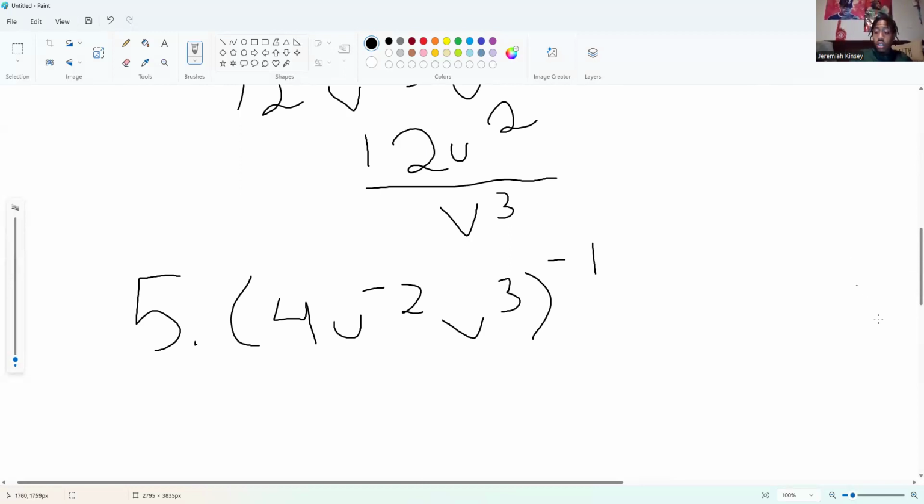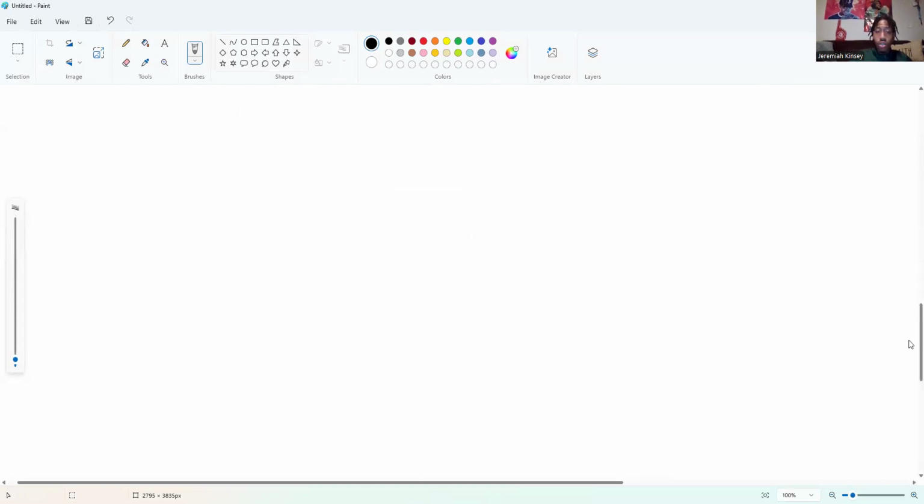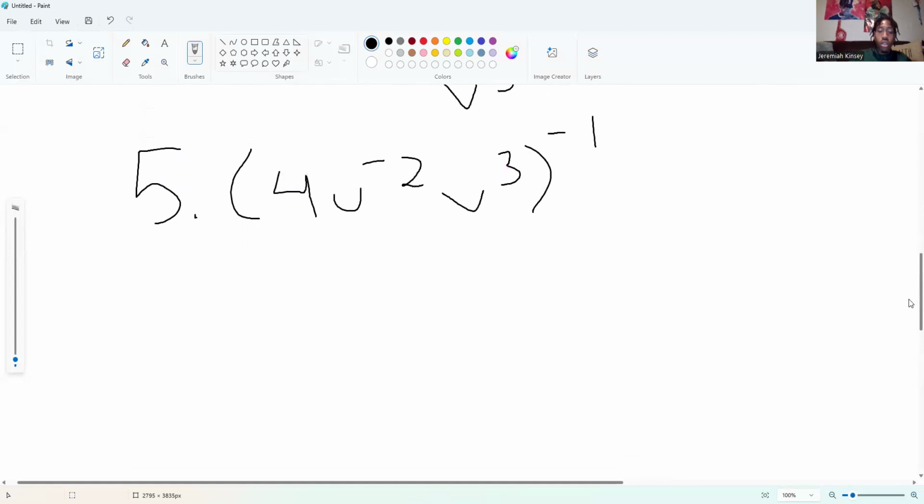I'll do it the long way just to be more instructional. One way you could do it is to distribute the exponent to each term, since this exponent is part of each term within the parentheses. So 4 to the negative 1, then it's u to the negative 2 times negative 1.